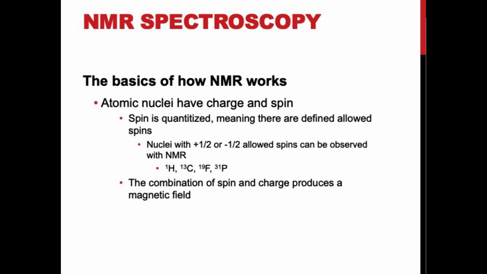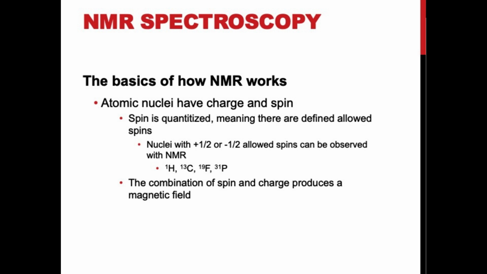So every single hydrogen in your molecule is an itty bitty teeny tiny magnet. And so the NMR has a strong magnetic field, and we use the magnetic field of the hydrogens combined with the magnetic field of the NMR to help determine the structure.